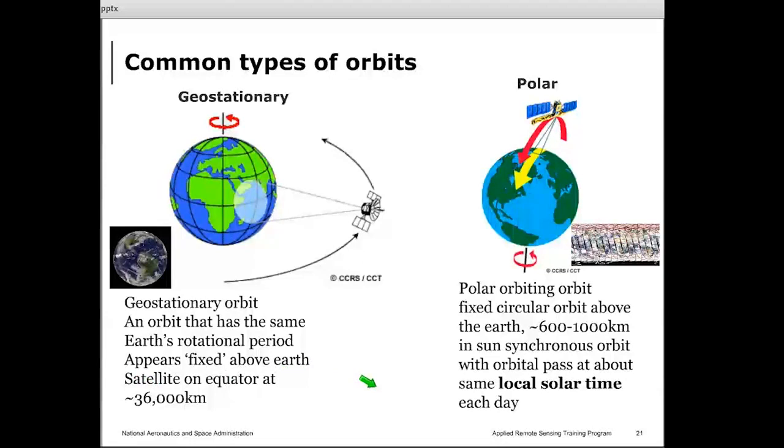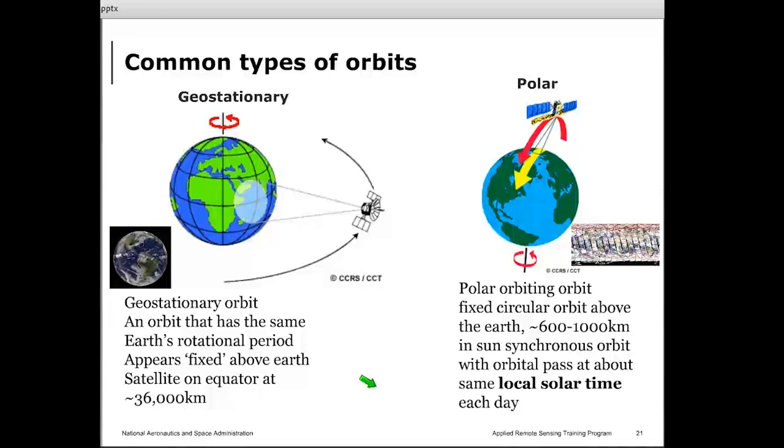Before going into details, one other thing which is very common is orbits. There are primarily two types of orbit for Earth observing satellites: the geostationary orbit and low Earth orbit. In the low Earth orbit, the common orbit is called polar orbiting, and then there are a few others, non-polar orbiting, which are not relevant to air quality right now, so I'm not going to go into more detail about those.